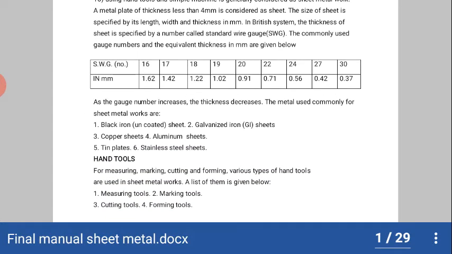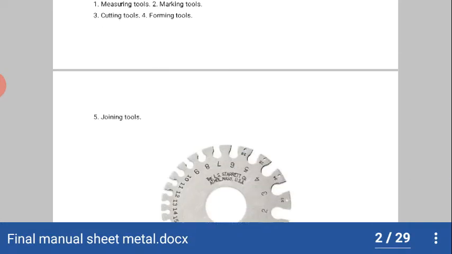Students, sheets are made from different types of materials: iron sheets, copper sheets, aluminium sheets, stainless steel sheets, tin sheets, and these sheets are coated by different materials like iron coated, galvanized iron coating. So now we will discuss different types of tools used in the sheet metal shop.